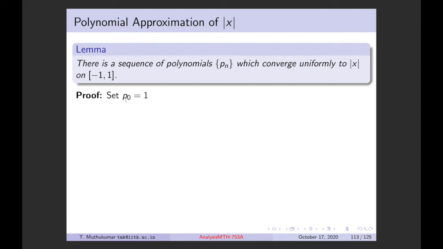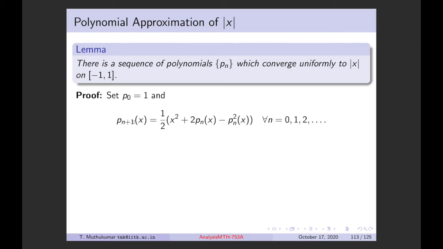You can think of the subscript as denoting the degree of the polynomial in this case. Then, using a recursive relation, we define the other polynomials for n = 0, 1, 2, and so on.